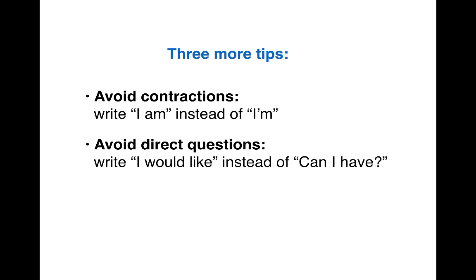Also avoid direct questions. It's much better to write a request like I would like instead of can I have. And finally, avoid exclamation marks. That seems a bit chatty if you use exclamation marks in your writing. We can do that in informal letters, but not in formal letters.